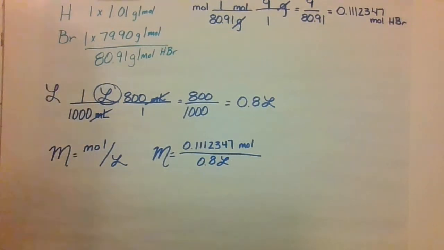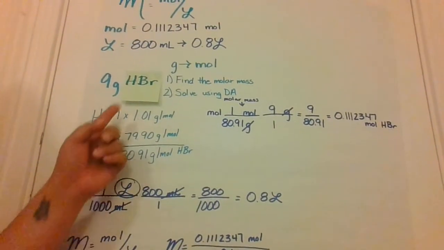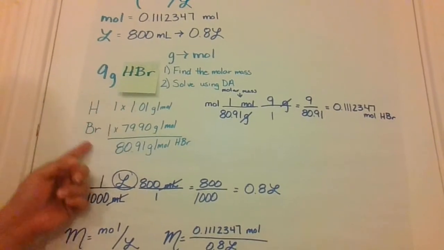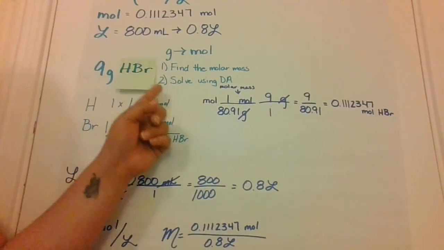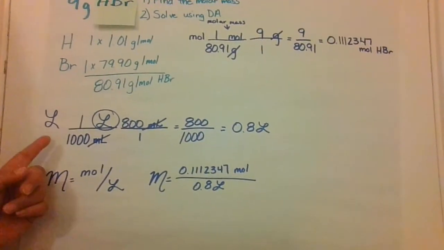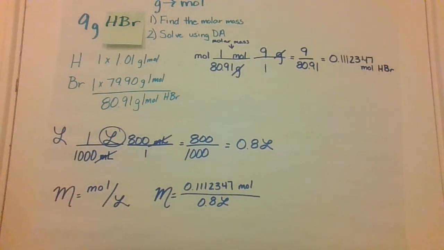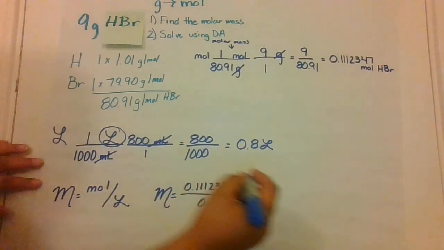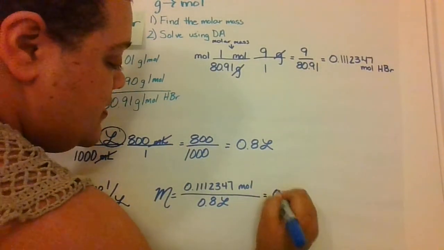Once again, all of that came from your shopping list. So this information for your moles, you actually worked that out by determining molar mass and converting grams to moles. You also did a dA conversion. And now you're going to complete this problem by using your calculator to plug and chug.